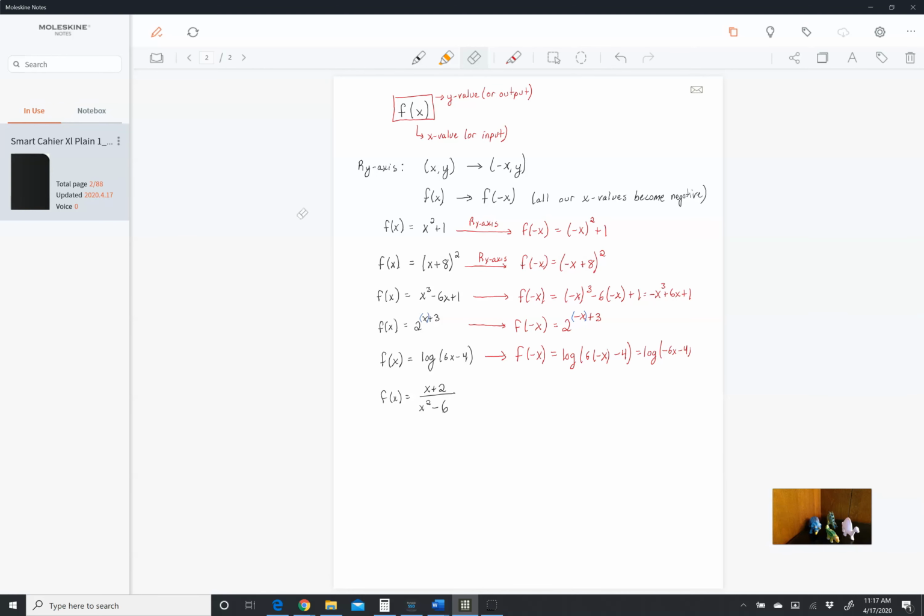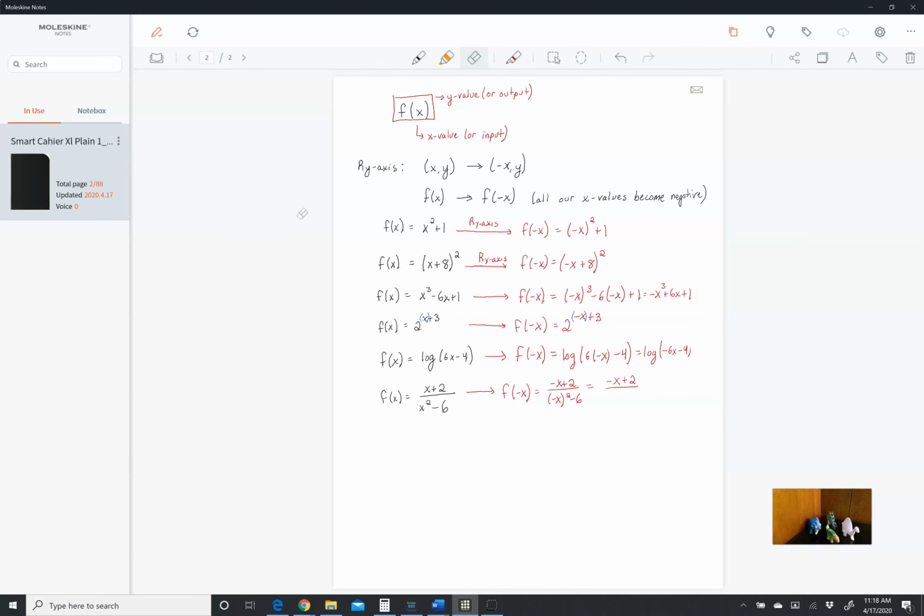And then for this one, be aware there's more than one x. Every x needs to be switched. So this becomes negative x plus 2 over negative x squared minus 6. And if we were to simplify this, and again, you won't always be asked to simplify, but you should know how to do it.